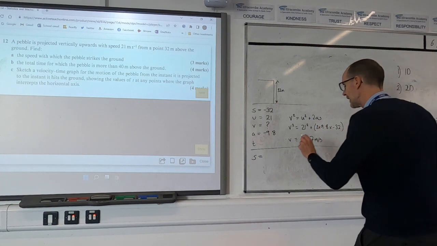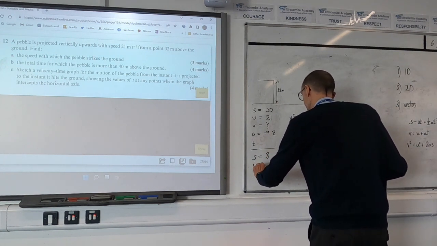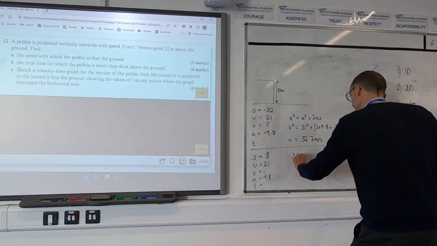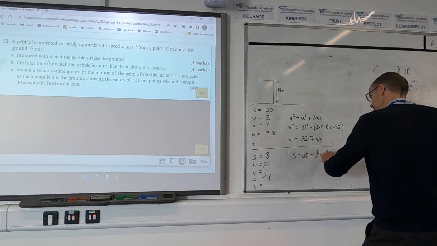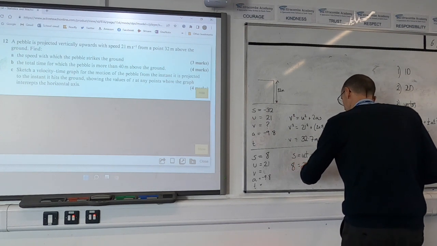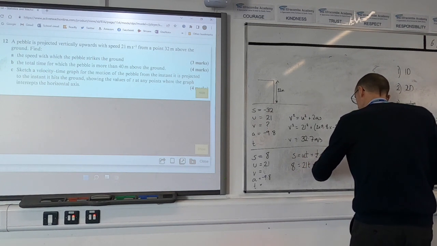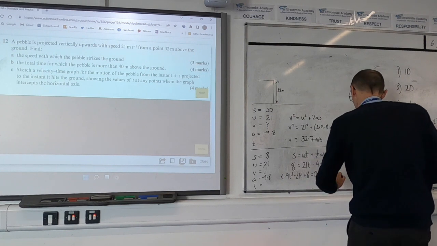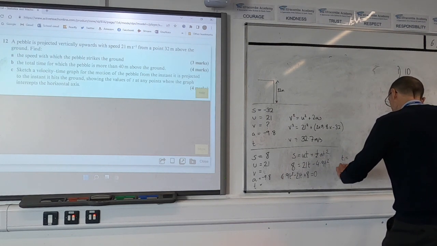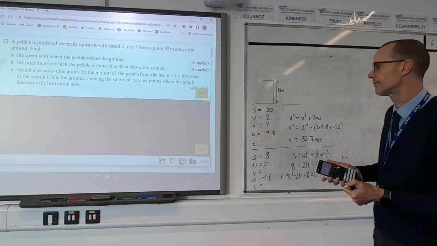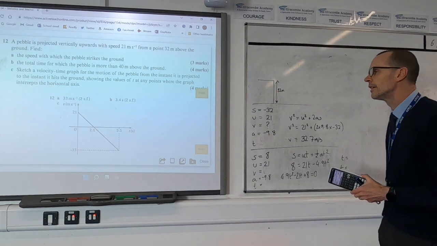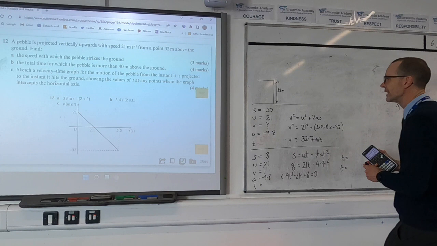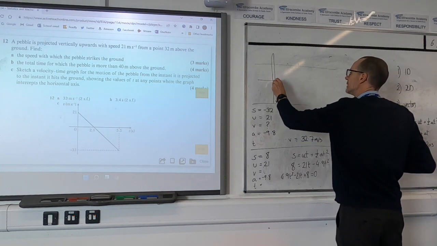Now, more than 40 actually means 8 metres above where it started. So when we ask when does S equal 8, we're asking when is it up here, and obviously it's going to be there at two different times.